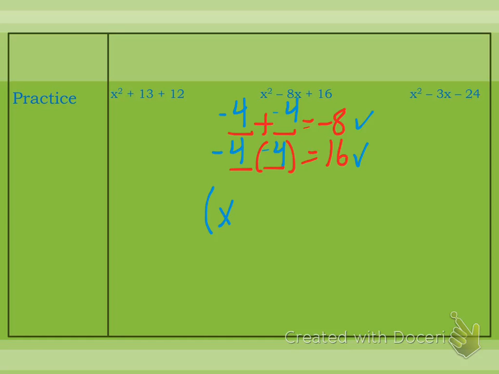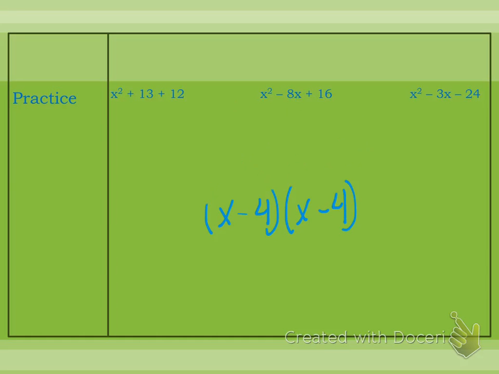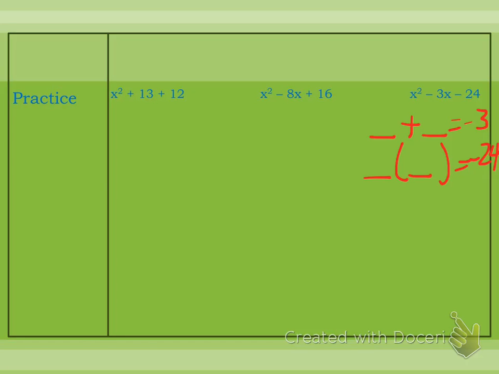So then my answer would be x minus 4, x minus 4. Now for the last one. Okay, this is the tricky one. Now I have to go what plus what equals negative 3, what times what equals negative 24.